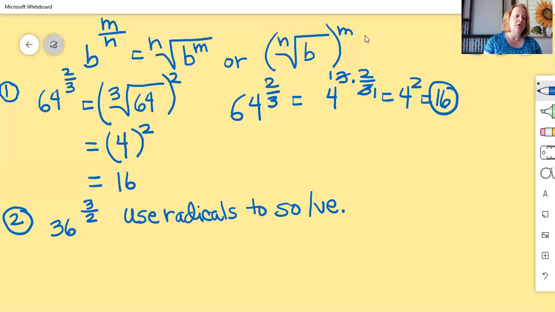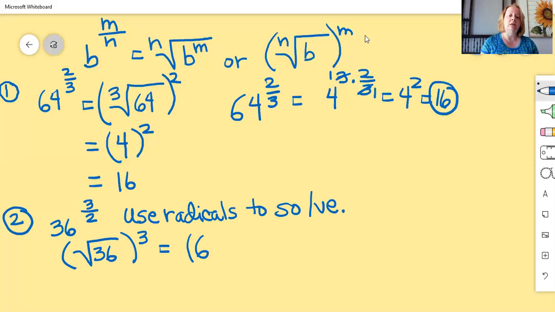So if I use radicals, I'm going to have to change this into radical form. So that's going to be the square root of 36, and I'm going to cube it. Well, we know the square root of 36 is 6, and then 6 cubed is all I have to figure out, and that's going to come out to be 216.